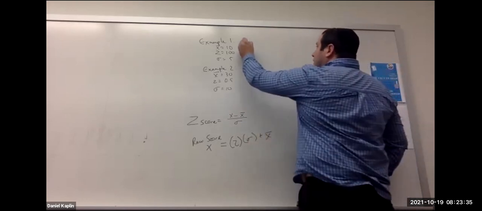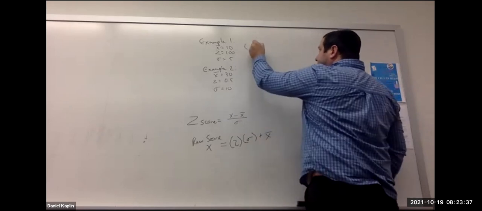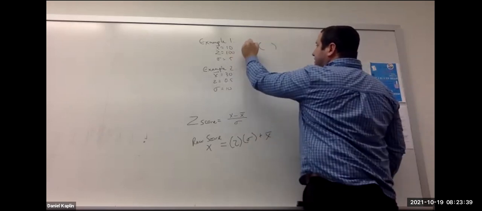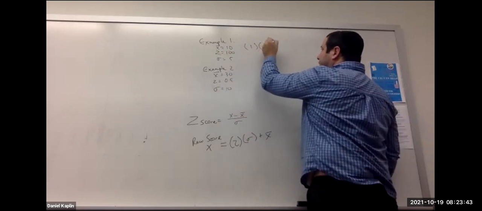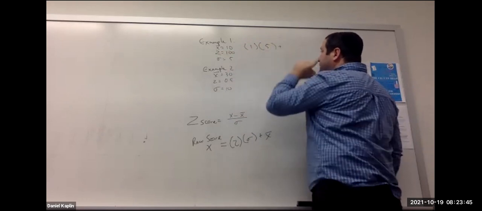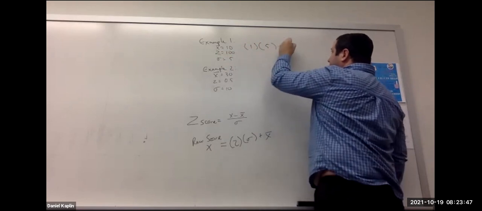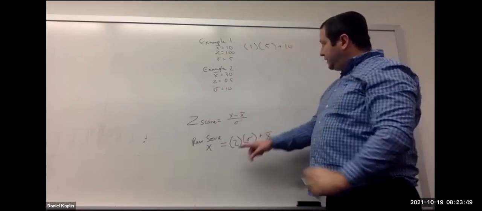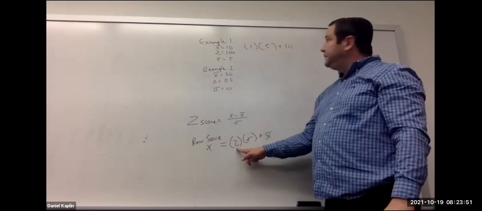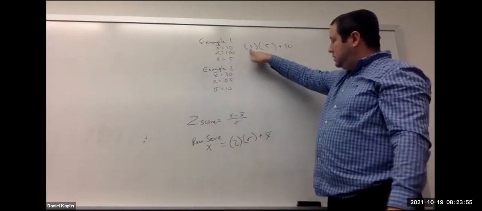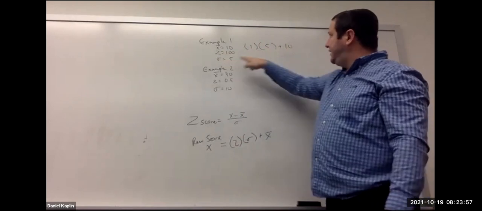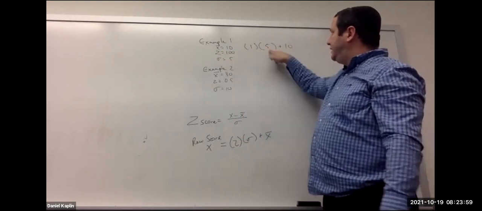So it's z, which is 1, times the standard deviation of 5 plus the mean of 10, right? So you see the formula z, which I found here as 1.0, times the standard deviation, which is 5, right?